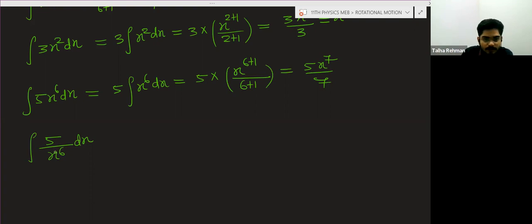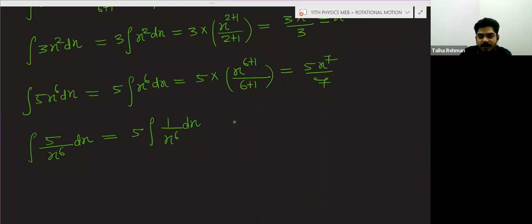See, this 5 is constant, so we will take 5 out of the integration. So we can write 5 into 1 upon x to the power 6 into dx.